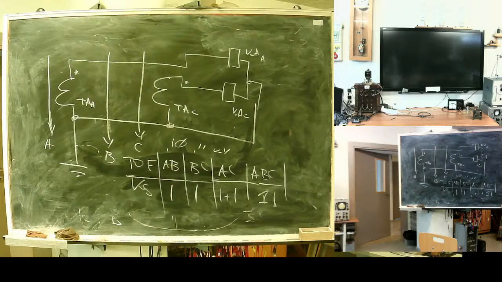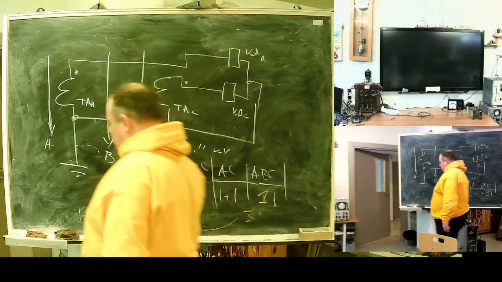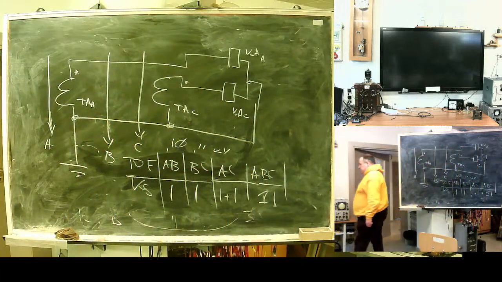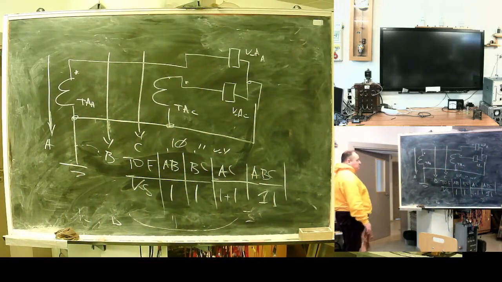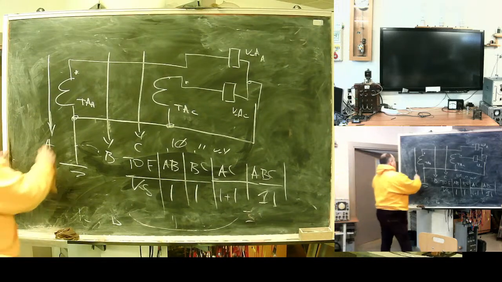Where's the problem? Can we use it? Okay, it's not good for earthed neutral because big ground fault is not protected. But for isolated neutral, what's the problem? Who can point a finger? Problem? No?